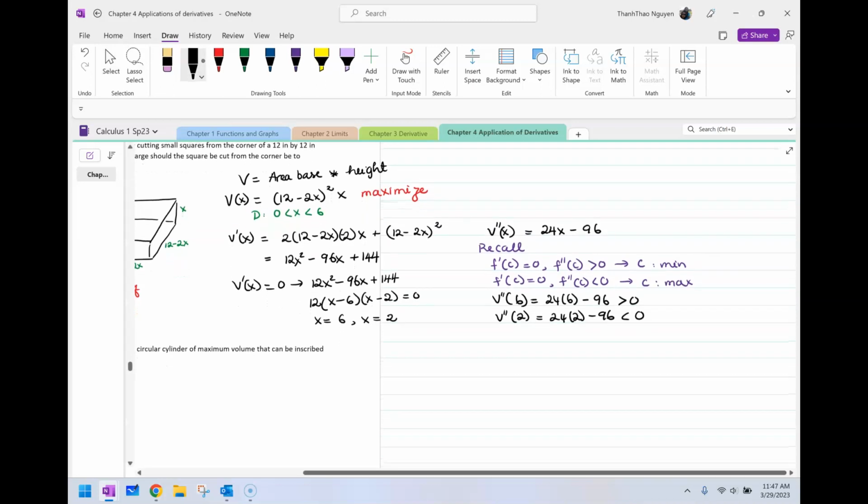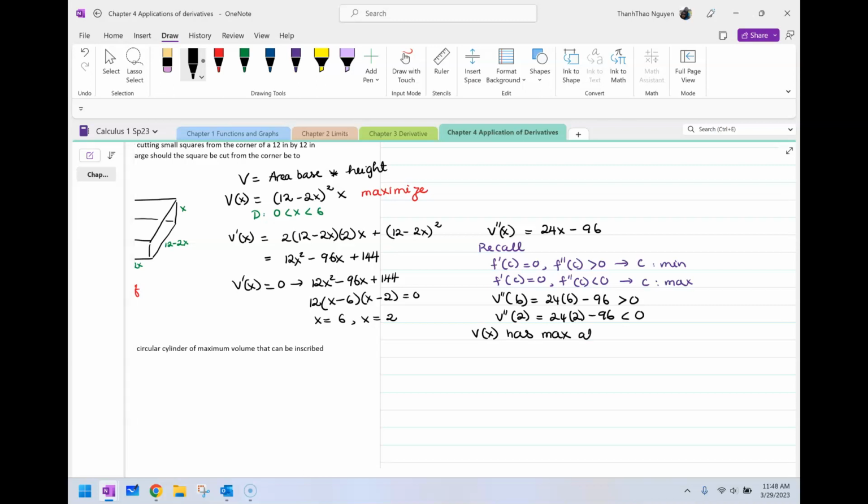This means V of x has a maximum at x equals 2. Okay. So when x equals 2, the box has maximum volume.